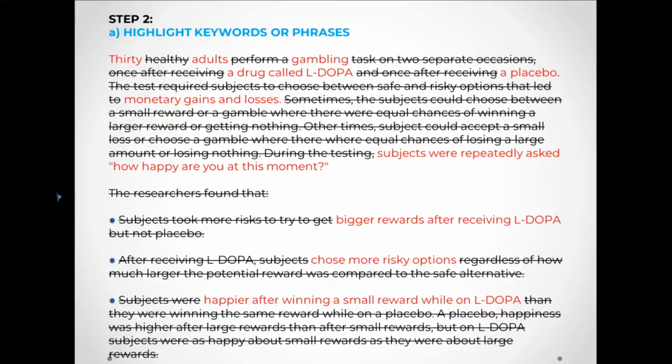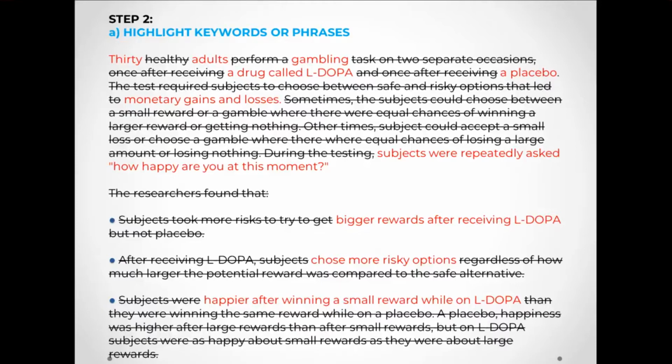The keywords that I identified in this text are 30, adults, gambling, a drug called L-DOPA. That's a phrase, and I consider it important, because that's what the text is going to be about. I highlighted the word placebo. That's also important. Monetary gain and losses, also important, that I will rephrase later on.